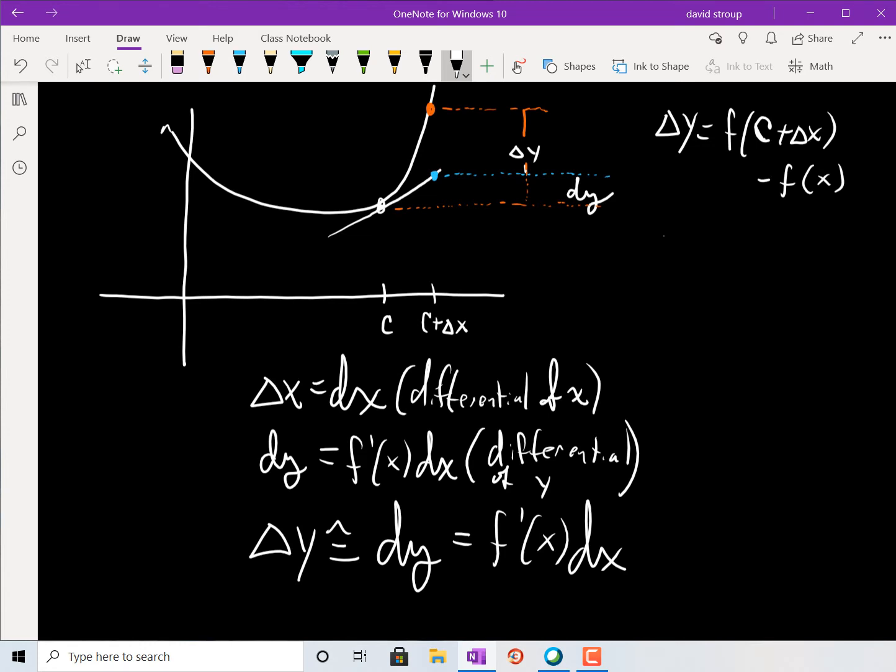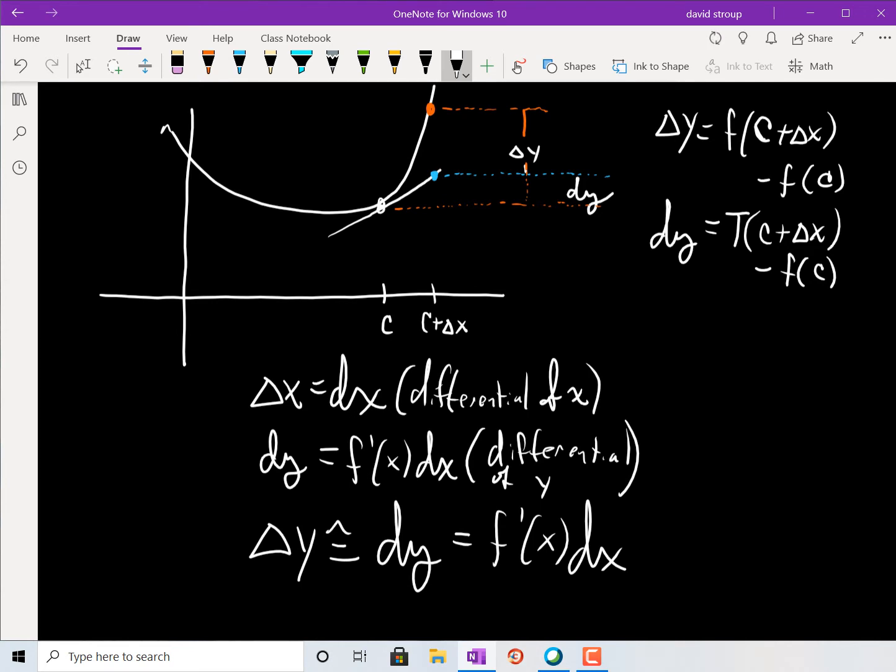The dy is the difference in height between the tangent line approximation evaluated at c plus change in x, and this should be f of c. And again, it's those two heights.